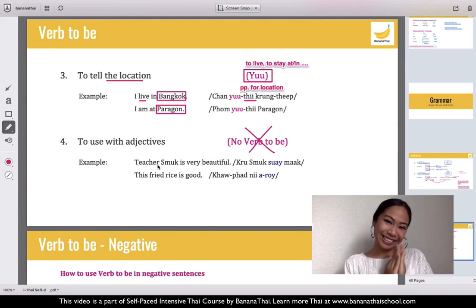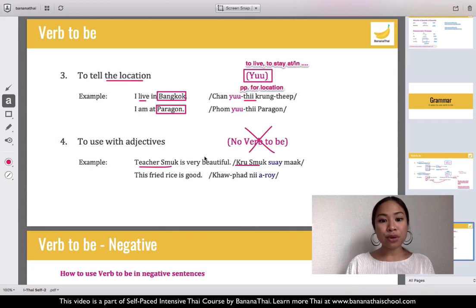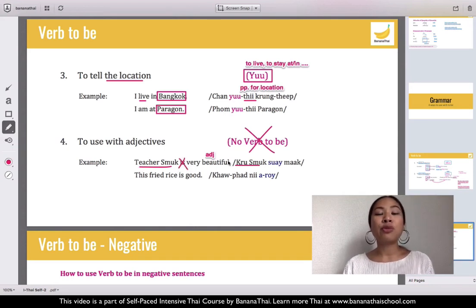For example, teacher Smoke is very beautiful. Teacher Smoke, ครู Smoke, is very beautiful. Beautiful is an adjective. So in this case, I would cut it out. So you just say ครู Smoke beautiful very much.